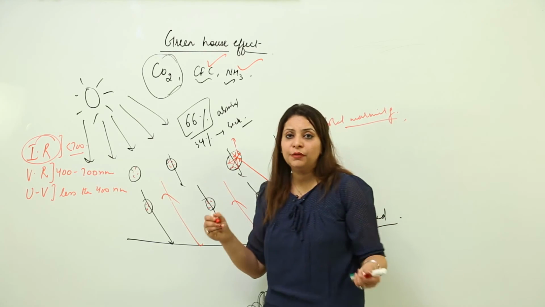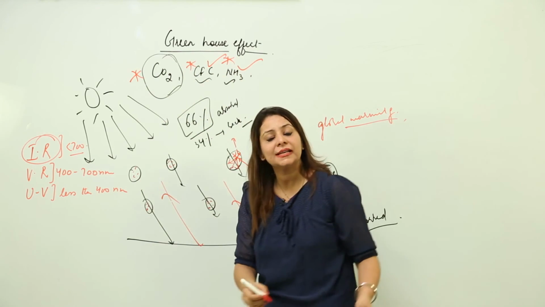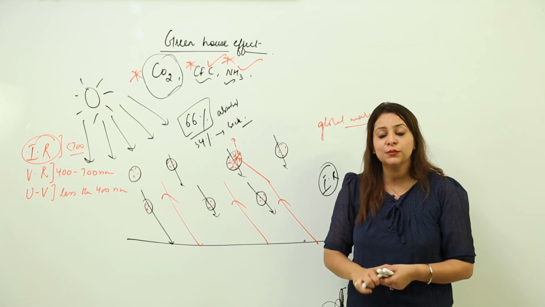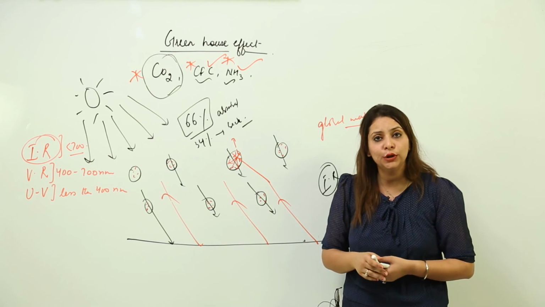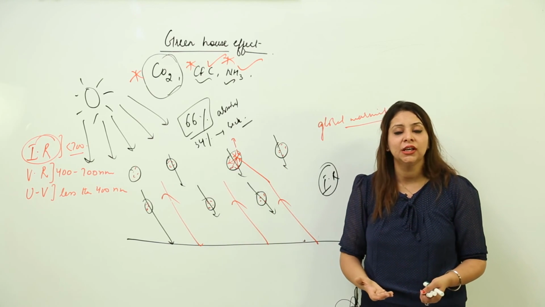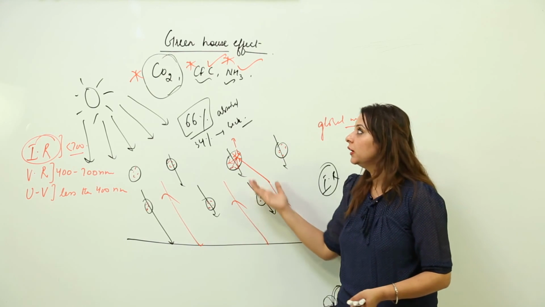We should take preventive measures so that these greenhouse gases do not exceed a certain limit, because when they do, they become pollutants, and you have seen what kind of disaster they can create. So we need to take care of these gases also. This is the greenhouse effect.